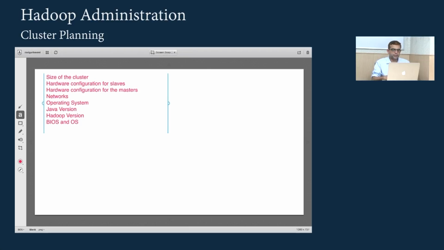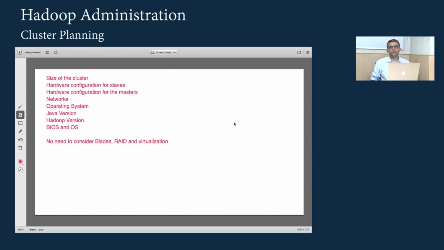And we've also seen what not to consider at all. So no need to consider blades, RAID and virtualization. So that gives you an entire idea of, if a new project was to start, what are the tick marks that you have to have before you start the project.